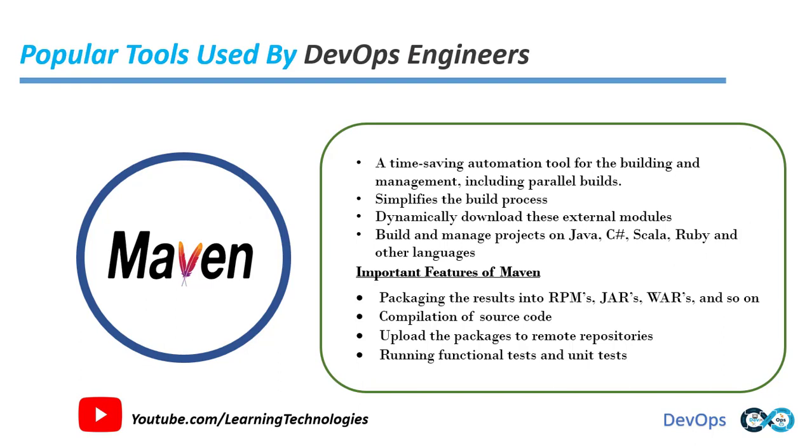Maven can dynamically download these external modules and Maven plugins during the build process itself. Maven can build and manage projects in Java, C#, Scala, Ruby, and other languages. Maven is majorly used by the Apache Foundation to automate the build of some of its large projects like Apache Hadoop.